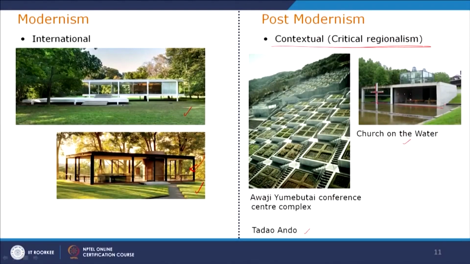The Church on the Water takes the context of the water into the building. The cross is on the water, so there's a much stronger connection between the inside and outside of this building. And the terrain of the land is translated into geometric abstraction, and the building blends with the terrain of the land.